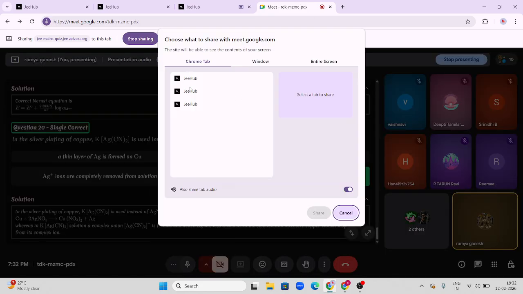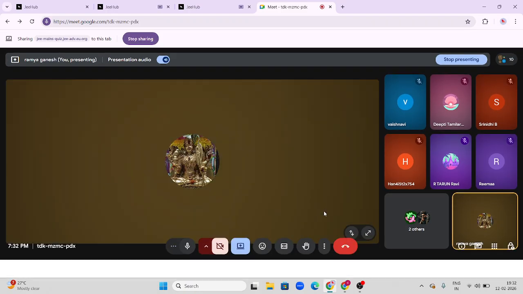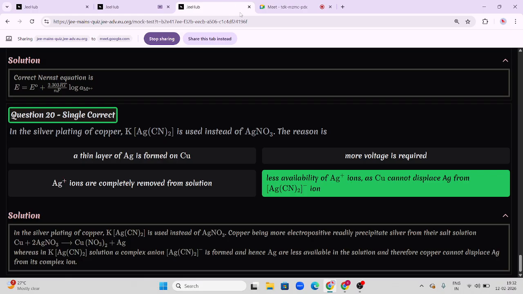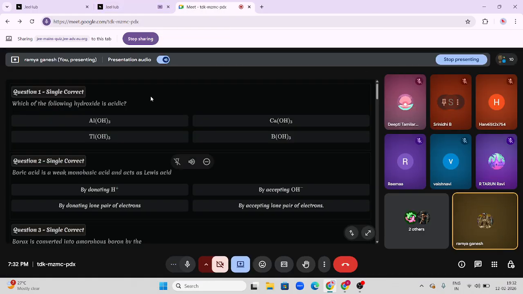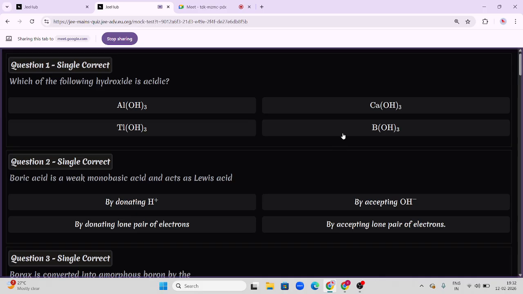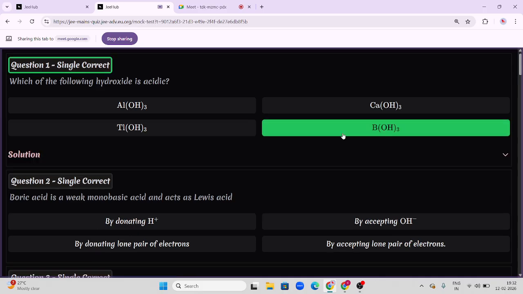Okay. Next question. Yes, Deepthi. First question. Fourth option. Say it louder. Fourth option. Yes, that's the right one. What is this actually? What compound is this?